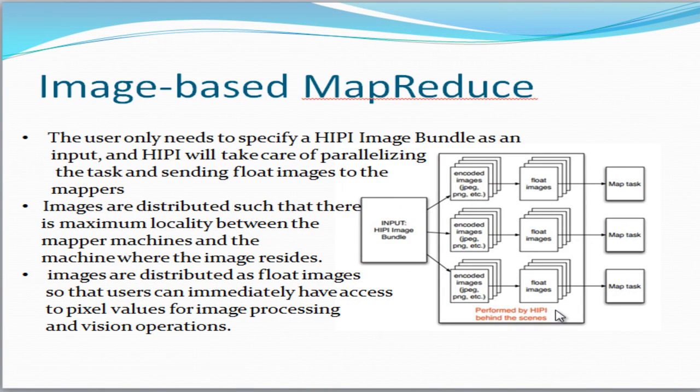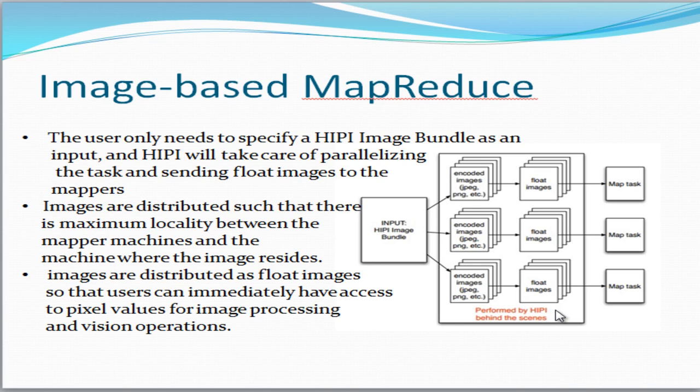Let's talk some more about image-based MapReduce. The user only needs to specify a HIPI image bundle as an input, and HIPI will take care of parallelizing the task and sending float images to the mapper. Images are distributed such that there is maximum locality between the mapper machine and the machine where the images reside.